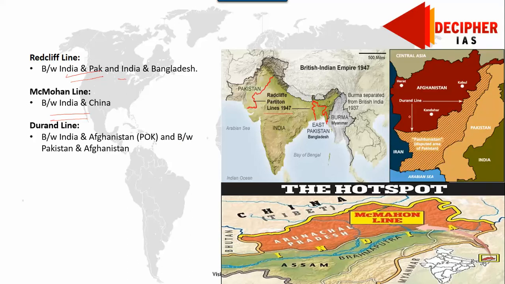But this particular area, if we are ever able to take back control of Pak occupied Kashmir administratively, officially, it's our part, then Durand line will also be demarcating the border between India and Afghanistan.